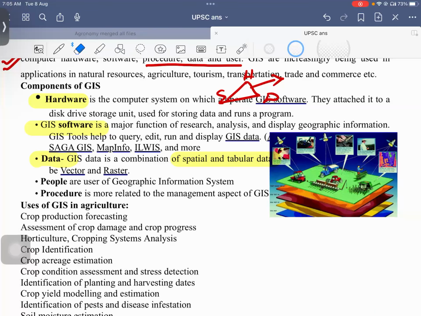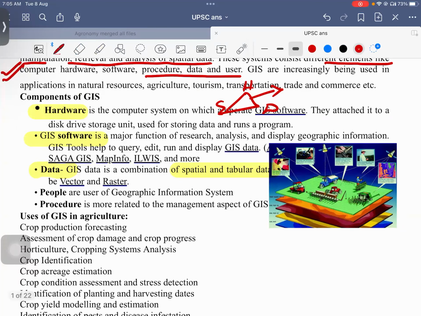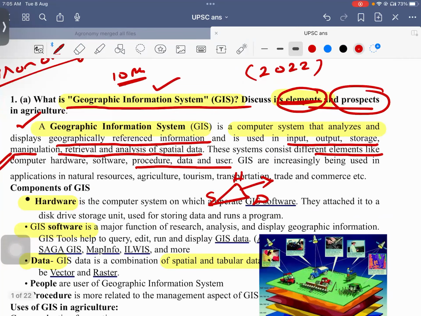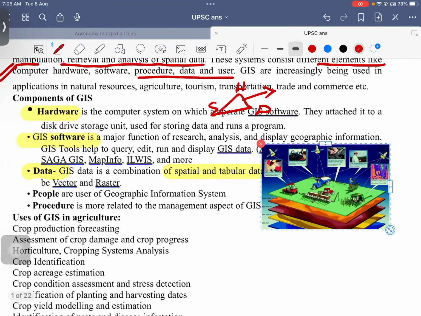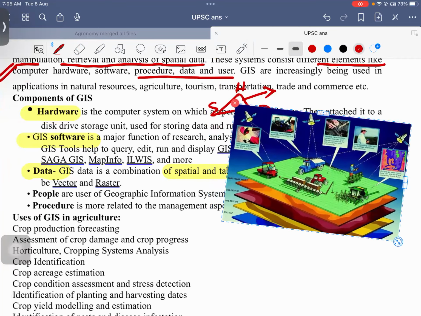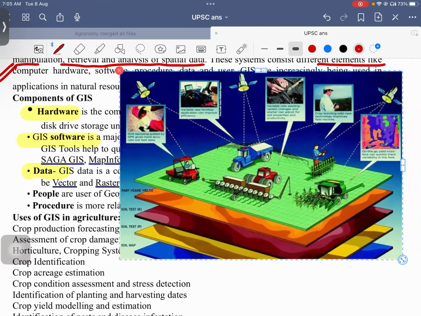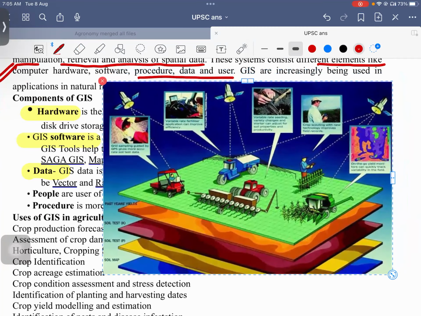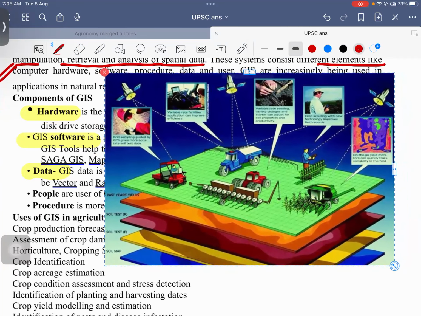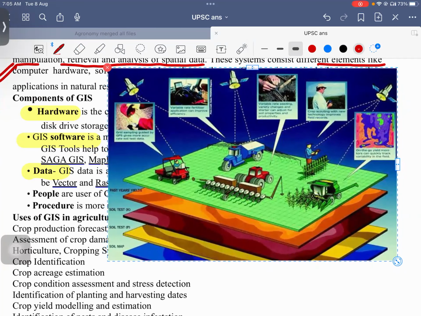Then what are its applications? Users of GIS. Prospects means applications only. Here you can see, for example, grid sampling guided by GPS.